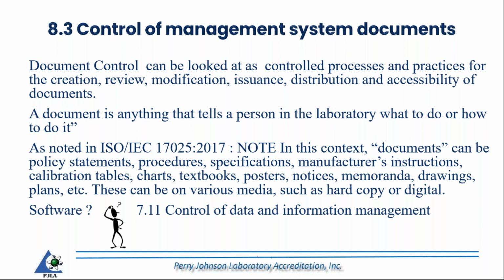As noted in 17025, this can include policy statements, procedures, quality manuals, supporting procedures in conjunction with your 17025 compliant quality management system, specification documents, perhaps manufacturer's instructions, calibration tables, charts, textbooks, posters, notices, memorandums, drawings, plans, etc. These can be on various mediums such as hard copy or digital.